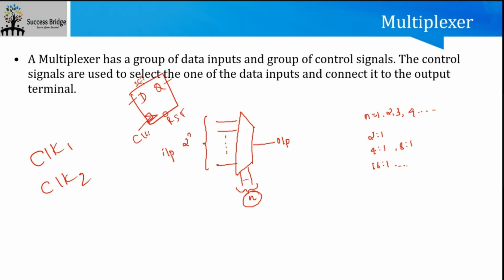This is my clock input. Now I have two clocks, and I need to prioritize which clock to drive.